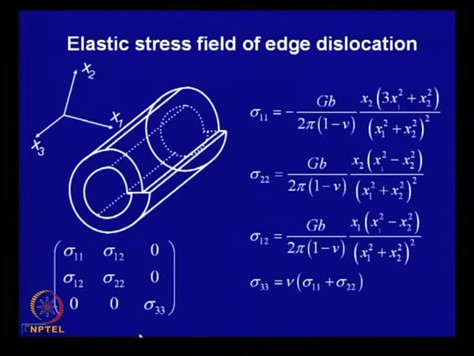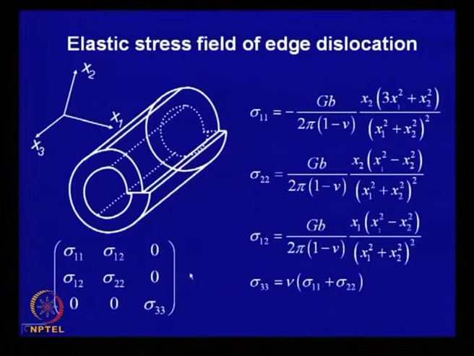In the upper half, where you have an extra plane of atoms, it is compressed, so you have a compressive stress. Whereas in the bottom half, where x 2 will be negative, you will have a tensile component.